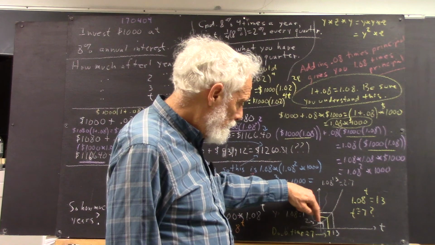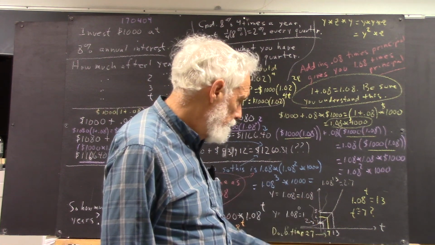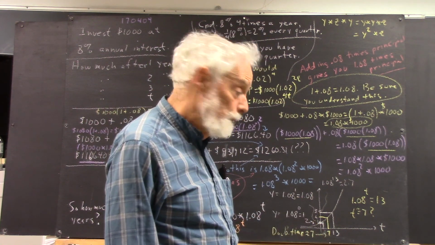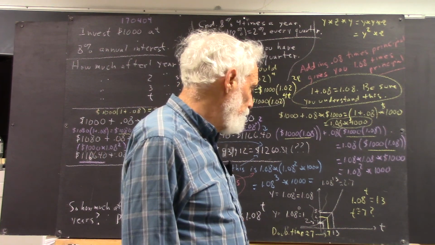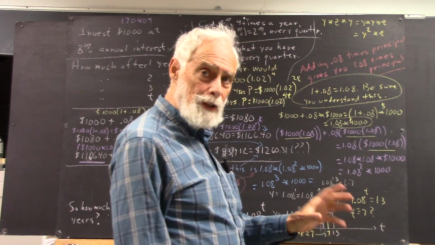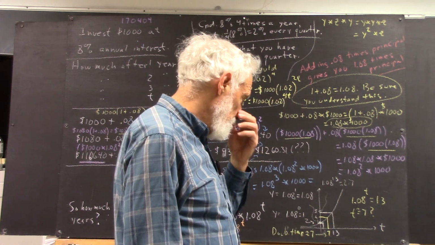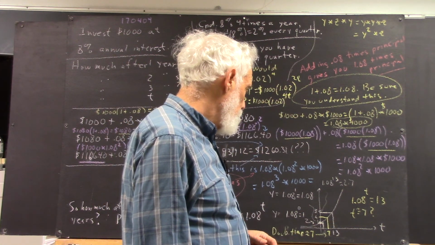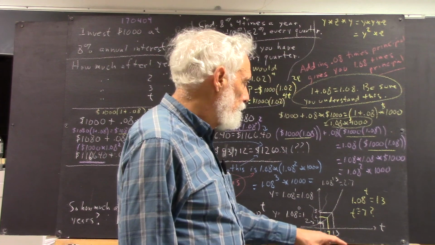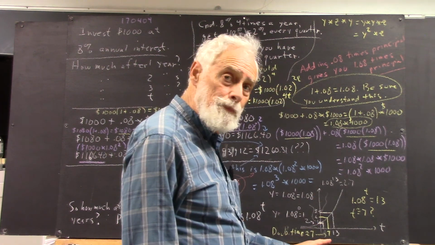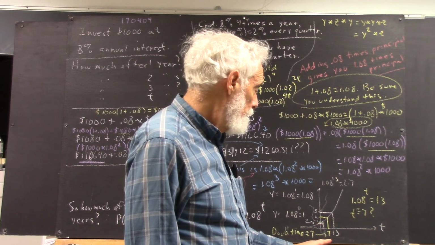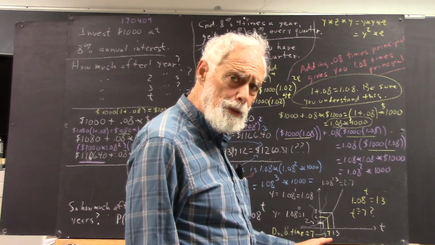Based on the fact that this is 13 and this is 0, I asked people to estimate this number, and the estimate people got was 7, and that's a reasonable estimate. I'd have probably estimated 8, but that's still not exactly right. So our estimate is that 1.08 to the t doubles when t changes by 7. So it takes 7 years for our money to double.